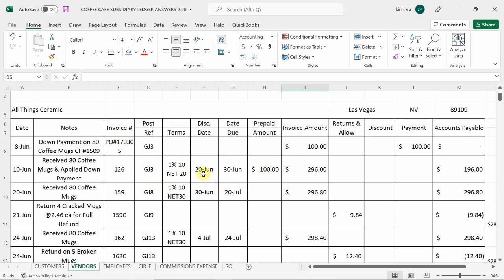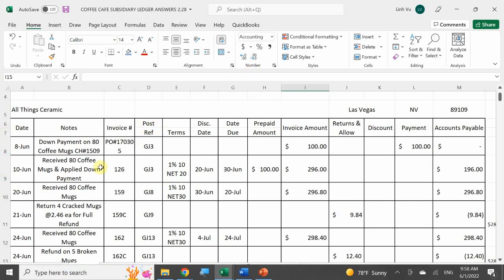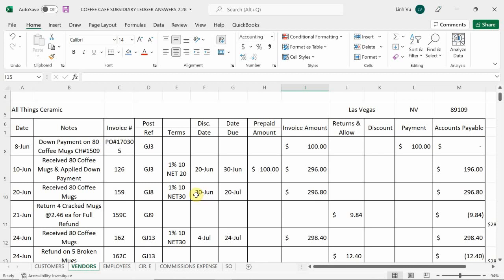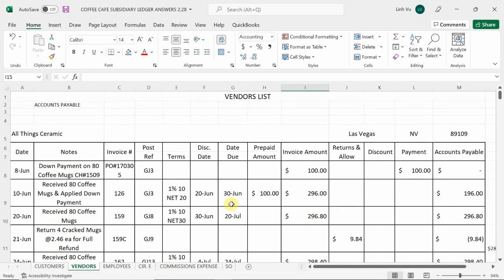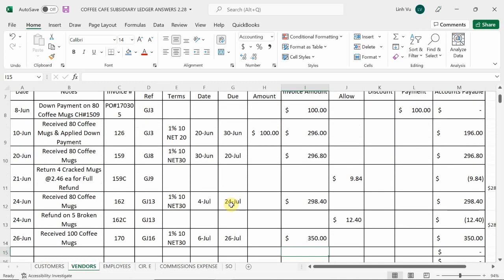So at the end of the day, we are going to make a payment for one of these purchases. And if we also paid the second one, we'll take advantage of a 1% discount. But if not, the rest of the bills are due in July. So we don't really have to worry about anything except for this one bill that we have to pay at the end of the month.